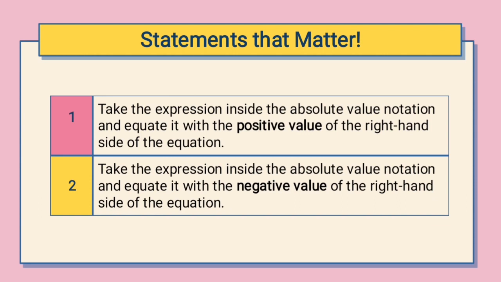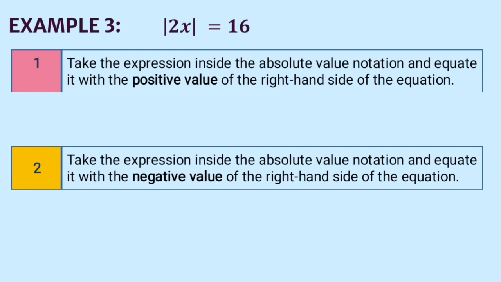Okay, let's have an example for us to have a clearer understanding of these statements. So let's have example 3. For statement 1, our equation here is the absolute value of 2x is equal to 16. So here, we have to take the expression inside the absolute value notation.